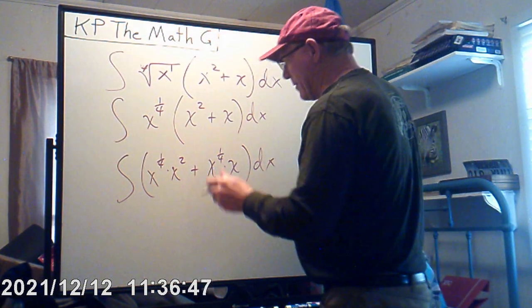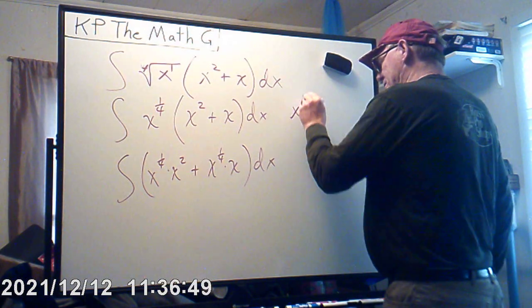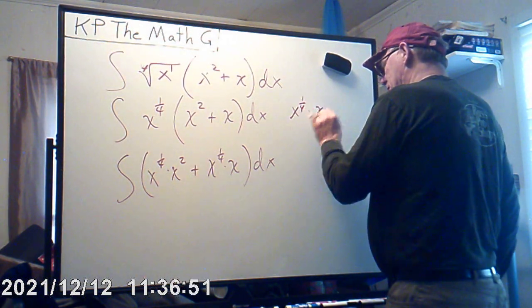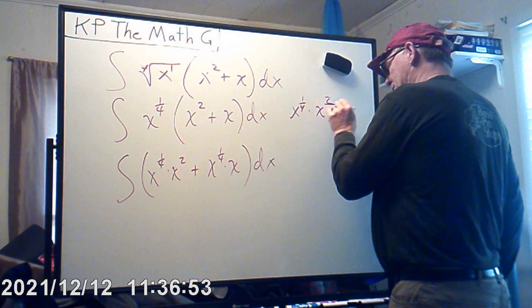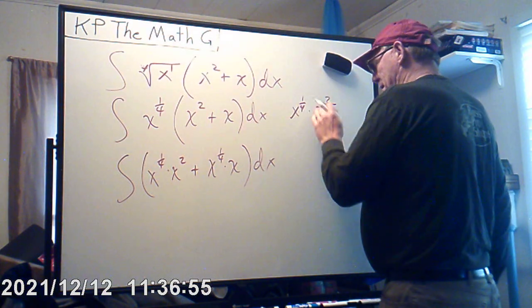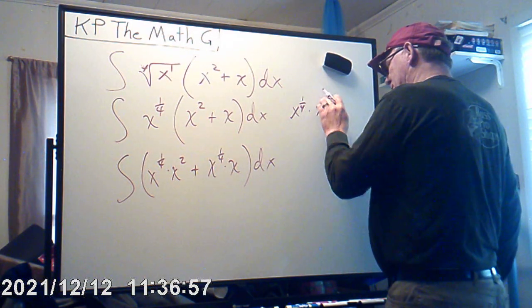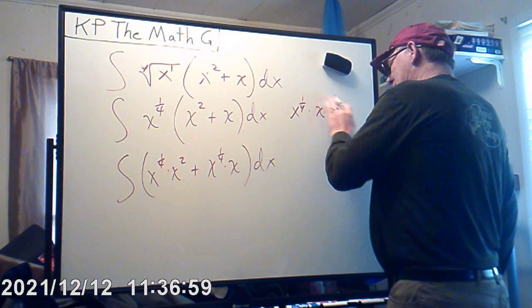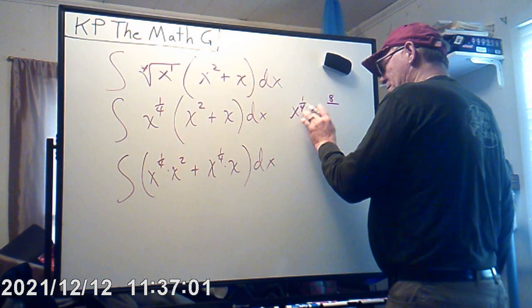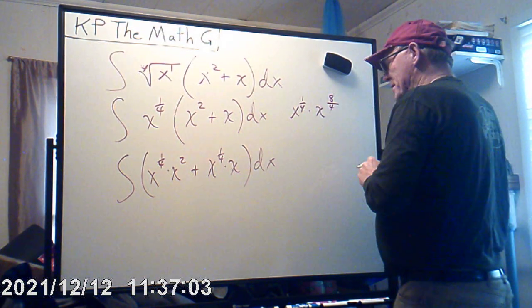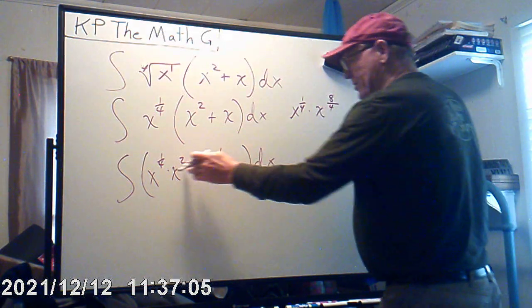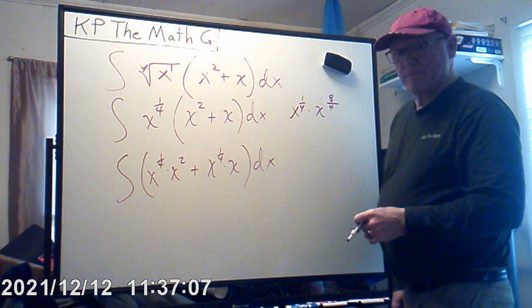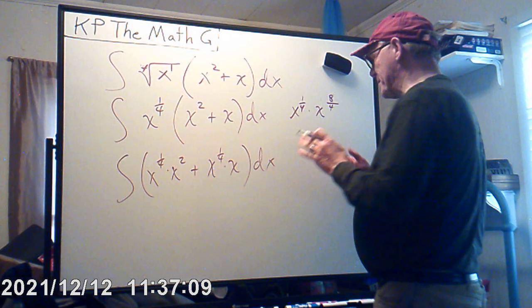And you can do that pretty quickly if you want to do it that way. Another way we do, if I've got x to the 1/4 times x squared, I can make this over 1, and I can simply multiply 4 times 2 and get 8. And 8 over, keep the denominator 4. 8 over 4 is 2. Y'all see that? I mean, this is basic arithmetic here.